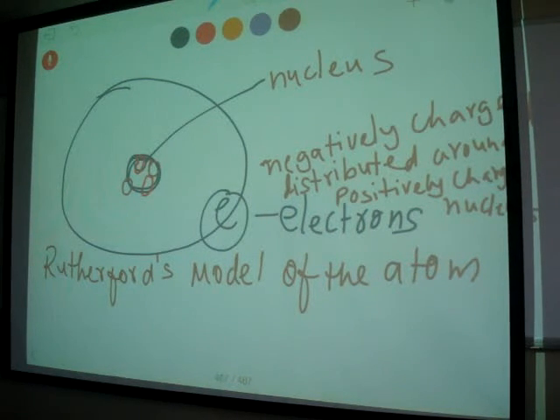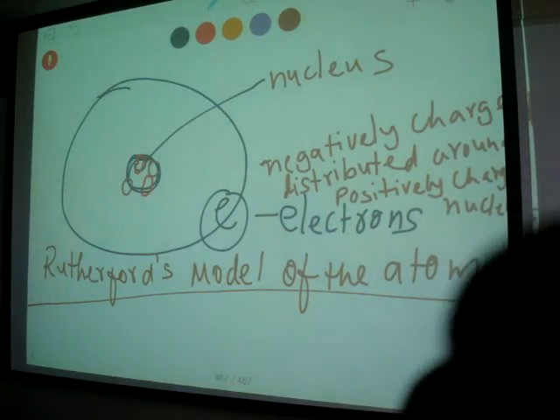So that's his new model. Before that everybody followed the Thomson model, but then Rutherford found this new model of the atom using gold foil.